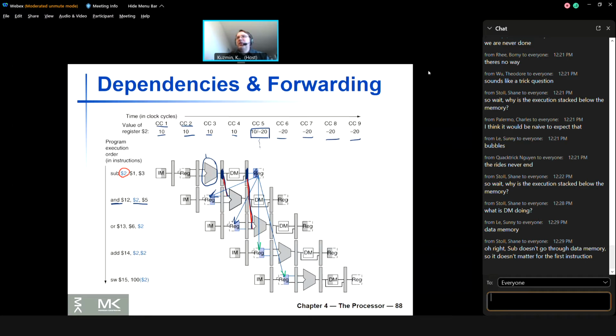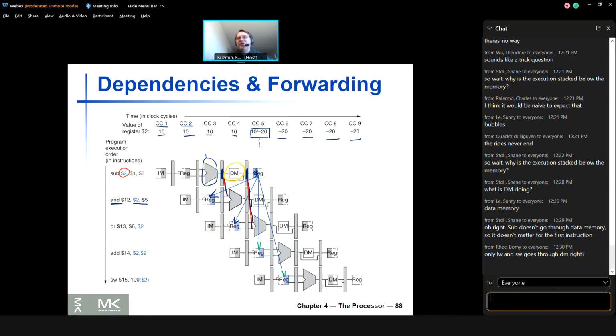So let me see, what is DM doing for sub? DM is not doing anything. Note how, and let me try some other color. If you look at DM, make sure you understand all the conventions used by this diagram and by the figures in the textbook.